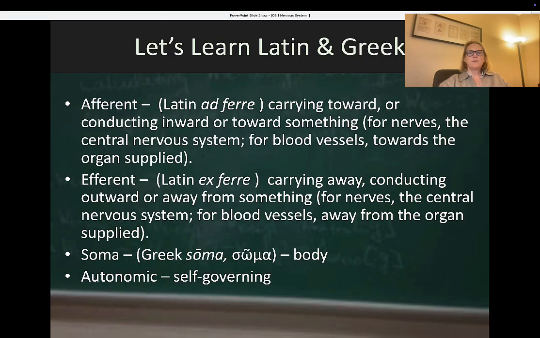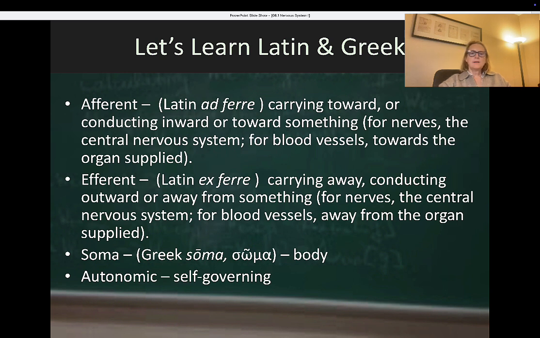Let's define a few of the terms that we used. Afferent comes from the Latin word adferre, meaning carrying towards or conducting something inwards or towards something. And for nerves, this is usually the central nervous system. For blood vessels, it would be towards the organ that is supplied with blood.